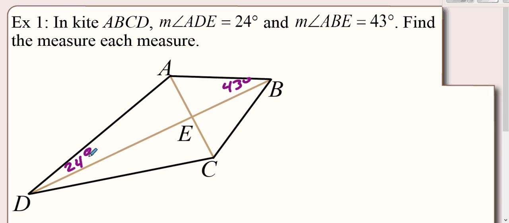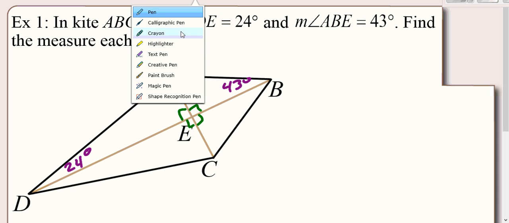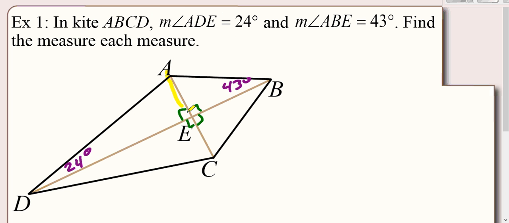So there's a lot that we know about these. For a kite, diagonals are perpendicular. So we got all these 90-degree angles in here. Diagonals are perpendicular, which means this makes 4 right triangles. So if we just look here, that's a right triangle. And triangles always add, the angles always add to 180.